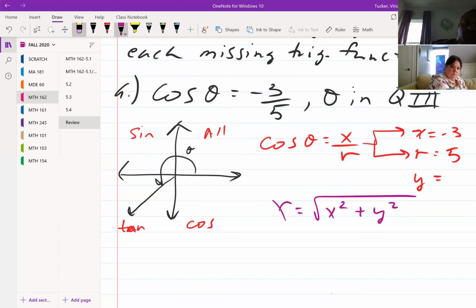I guess I could have kept off the square root. So r squared is equal to x squared plus y squared, because we're going to have to solve for y. So I'll go ahead and put the numbers in.